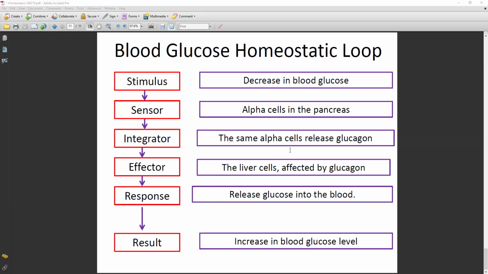So for the glucose homeostatic loop, it will bind to the liver to tell the liver to do something. Then this effector will have an action. This response is an action: the effector will release glucose. So we can increase the glucose level in the blood and return it back to normal. So that is the glucose homeostatic loop.